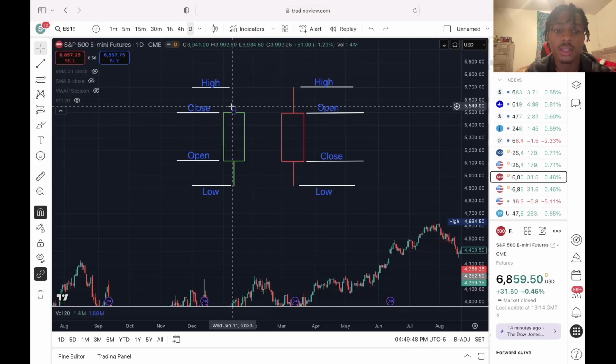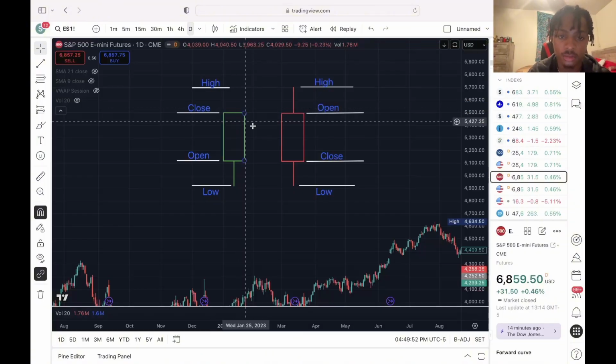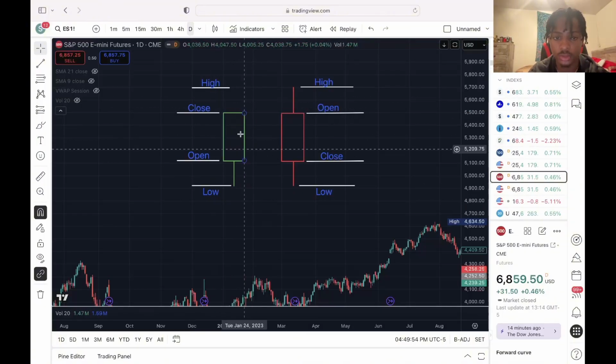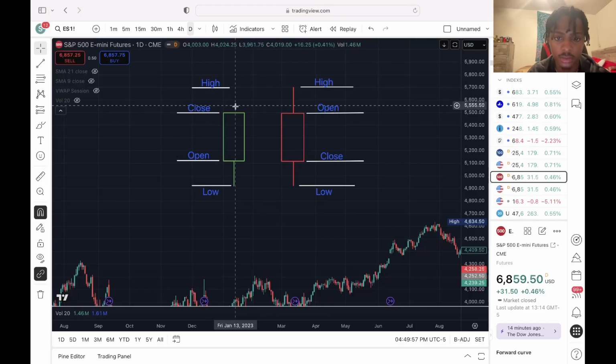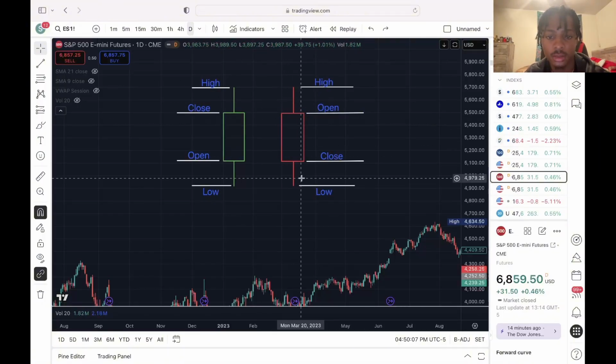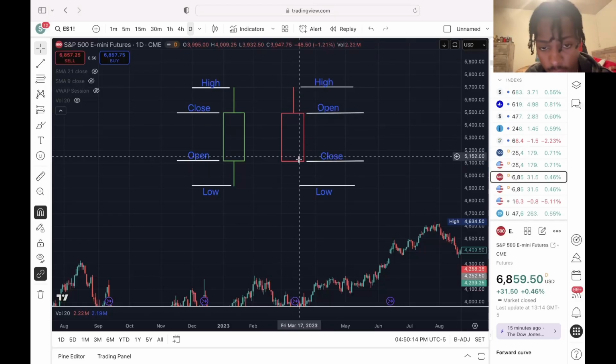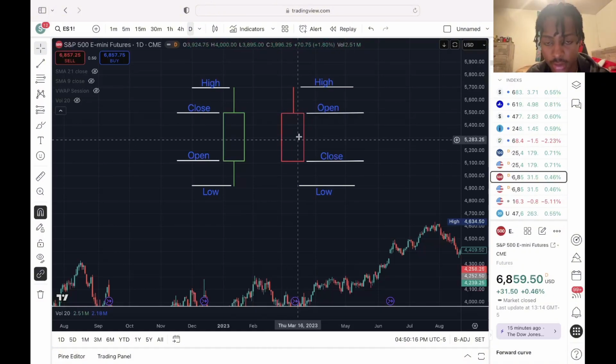So if the candle has a super short wick, or maybe even no wick at all, we know this is a super strong green candle. There was no fight at the top. It just went straight up. But if we look at the red candlestick, it's the same thing because it's going down. If it has no wick, then we know this is a super strong red candlestick to the downside.